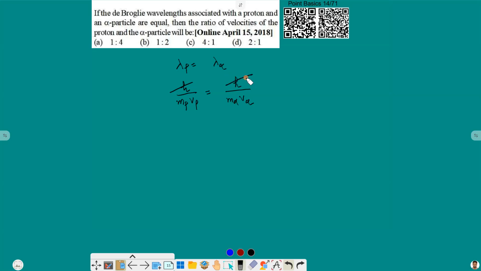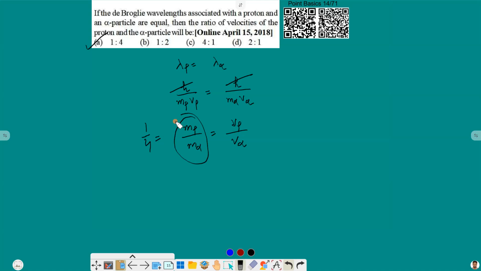Now, h gets cancelled, and we have to find the ratio of velocity of proton to alpha. So mp by m alpha will be equal to vp by v alpha. Now mp by m alpha will be equal to 1 by 4. So that is option A for us.